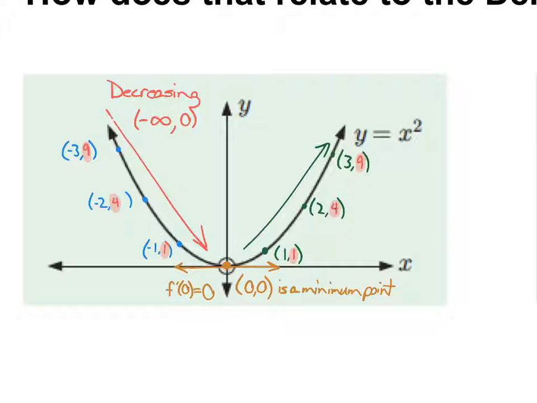Okay? It's actually what we would say is stationary. And then we also have increasing. It's increasing to the right of 0, so again we'll use a parenthesis, 0 to infinity, to show that interval there. Okay? So, not too bad so far.